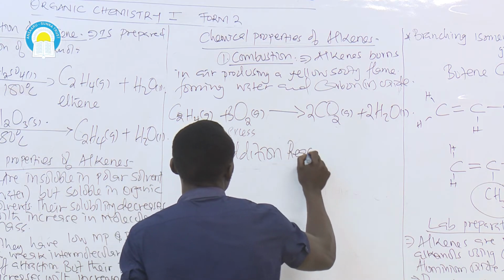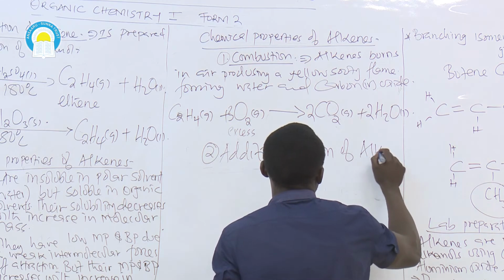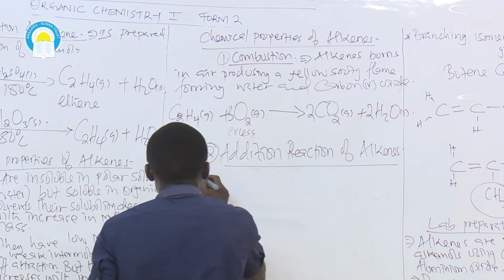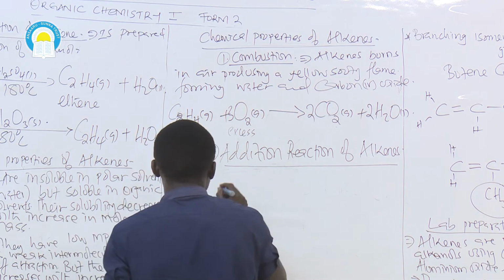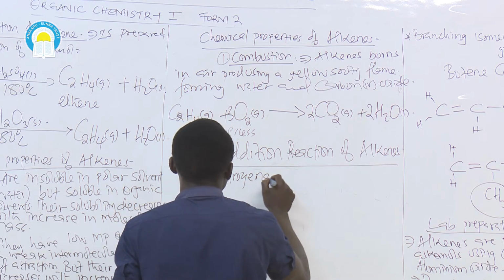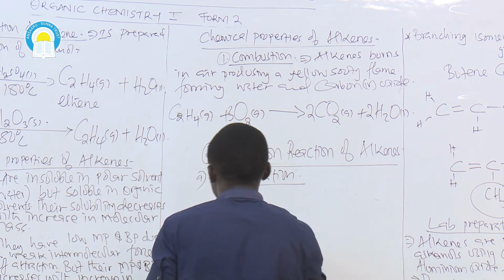Addition reactions of alkenes. The first addition reaction is hydrogenation. Hydrogenation is from the word hydrogen.